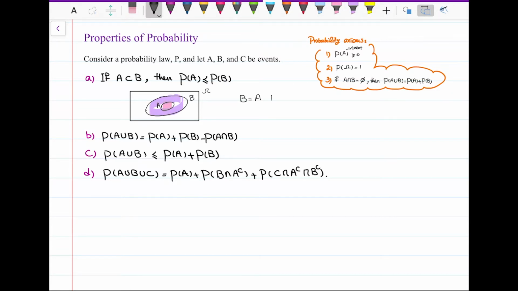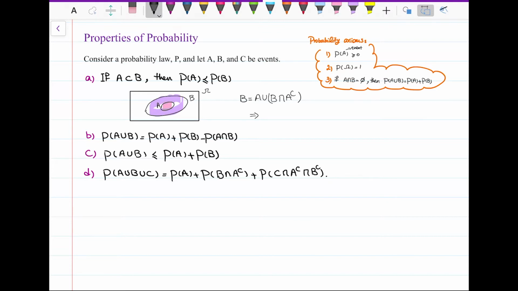This part is actually B intersection with A complement, and the union of these two sets is B. So I can write B as the set A union B intersection with A complement, which means all the elements of B that are not in A. These two sets are disjoint, the set A and the set of elements of B that are not in A.